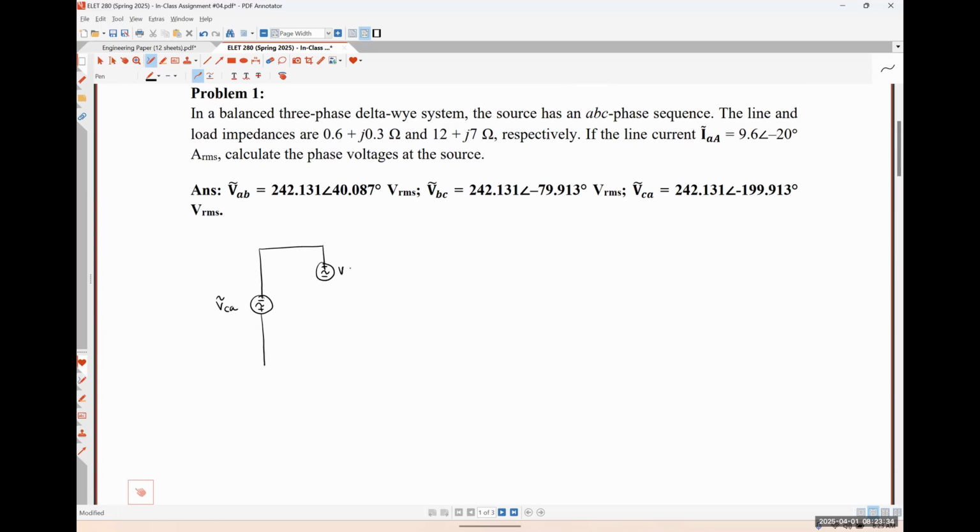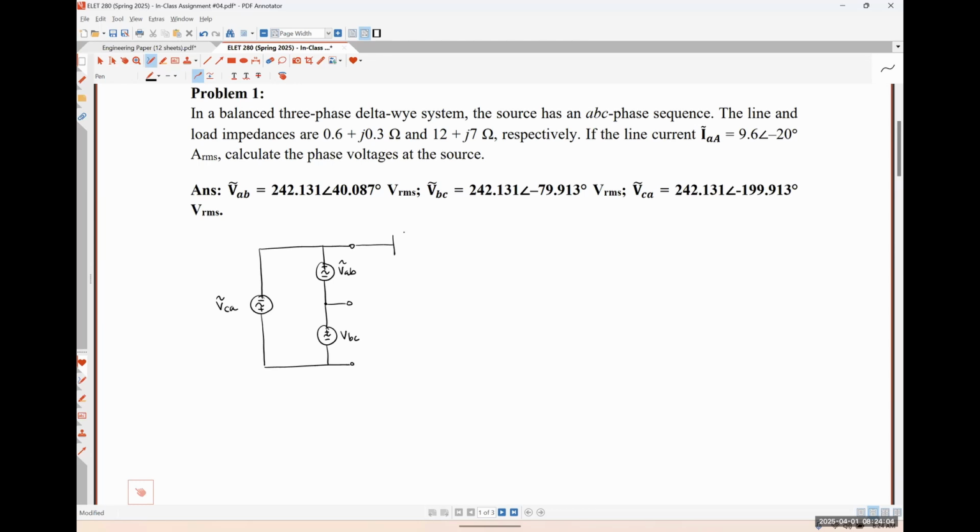Here's VAB. Here's VBC. And my ultimate goal is to solve for any one of those three quantities, because if I know one of them, I know all of them, essentially.